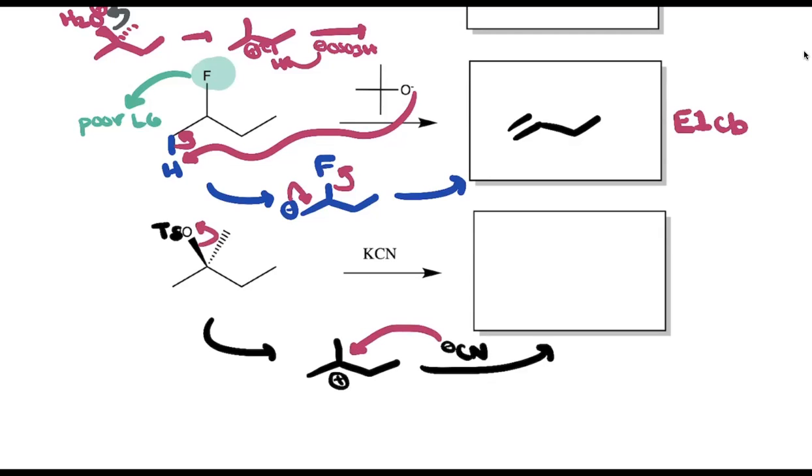And you end up getting this final product. Pop quiz, how many stereoisomers do you form here? 1. Why only one? No chiral center. Yep, you don't form a chiral center here.